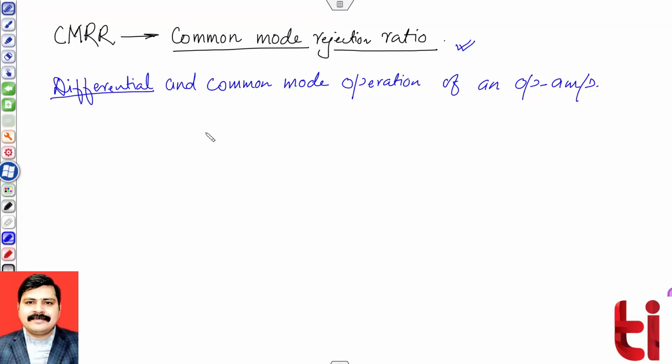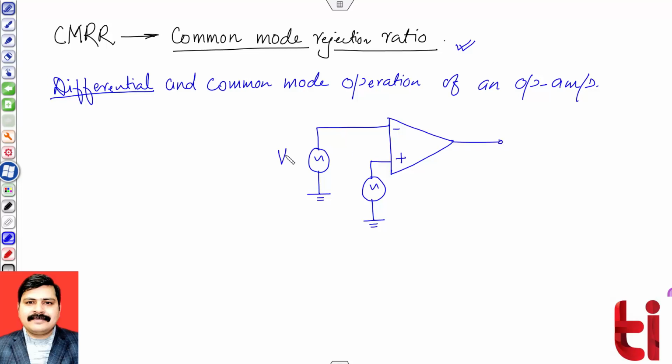As the name suggests, differential mode operation means we require one op-amp and we have to apply the signal to both the inputs, and the signals should be of different value.